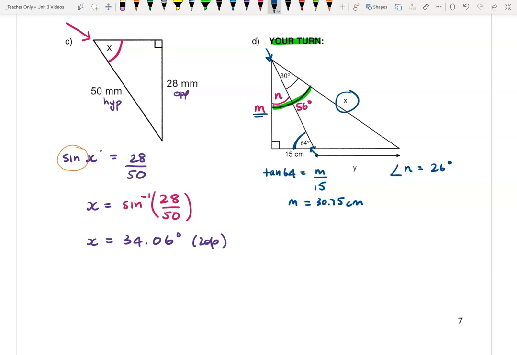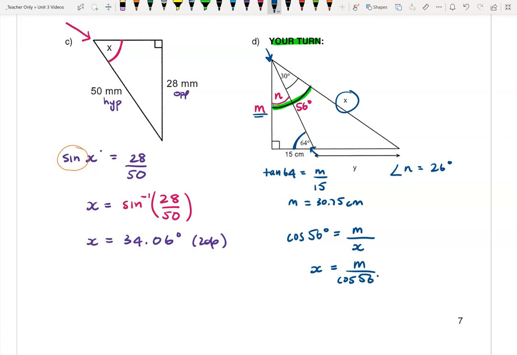Well, I want to find it. So I can say the cosine of 56 degrees equals side m over x. And I want to find x, so I'm going to multiply by x and divide by the cos of 56.